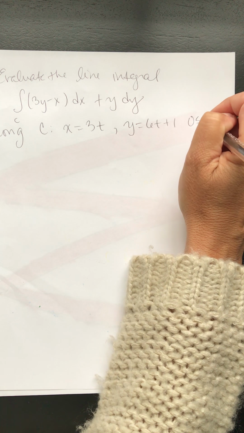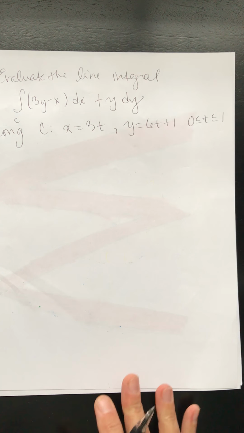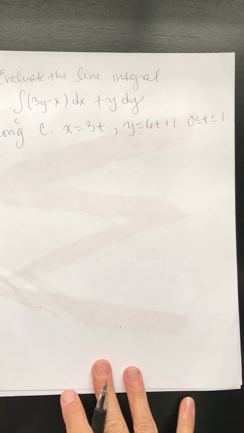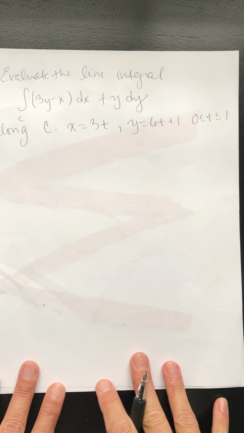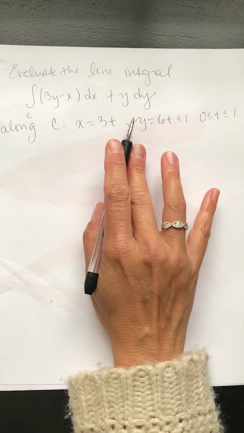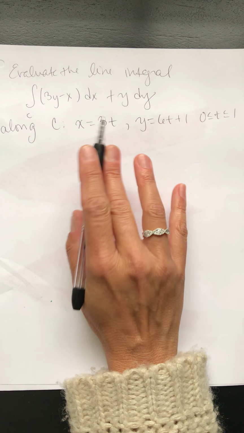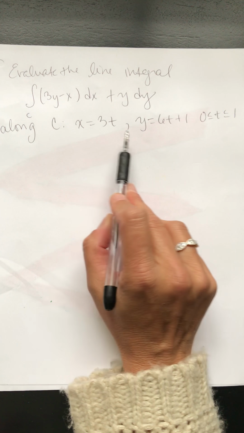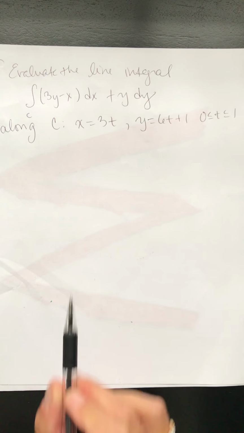Let's use t just between 0 and 1. Sorry, my scrap paper is apparently a little bit see-through. All right, well, I have a line integral to evaluate. It's in differential form. So I'm actually just going to find these things and plug them in.